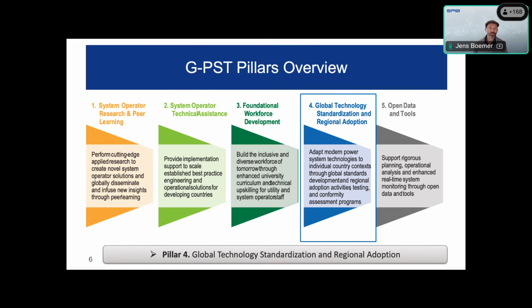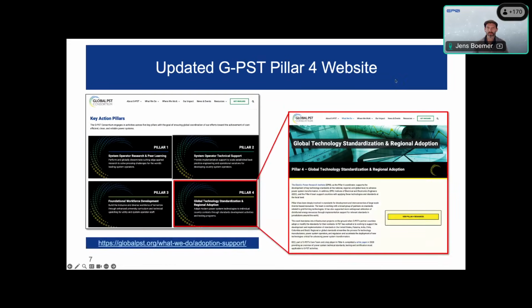And Pillar 1 offers a lot of peer learning opportunities, and Pillar 2 is related to system operator technical assistance. Pillar 3 is foundational workforce development, and Pillar 5 is open data and tools. You can also go to the website at globalpst.org and look at the various pillars, including Pillar 4, which is driving particularly the IEEE collaboration that Alex will be talking about today.